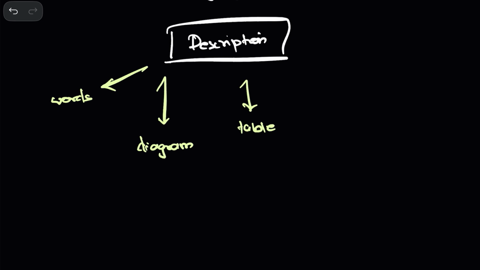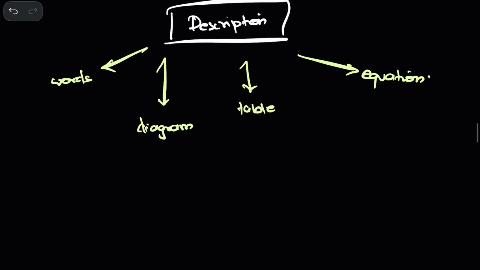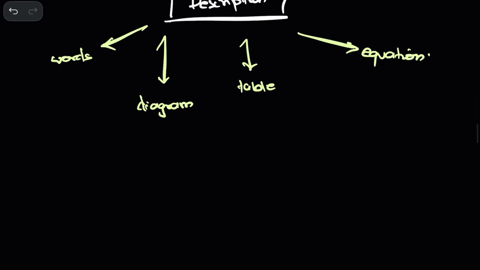Or you could describe it with an equation. What do we understand by this? Let's say something is moving and you want to describe it in words. You would say the object starts from rest and speeds up to the right. That's just using plain words.